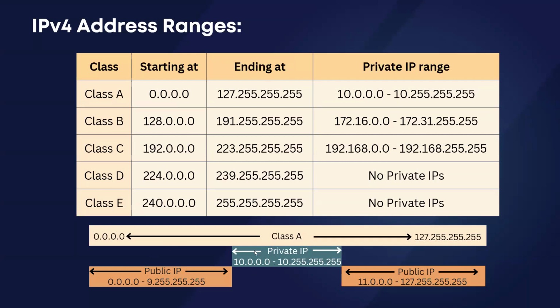Any IP outside this range, which means from 0.0.0.0 up to 9.255.255.255, and after 10, from 11.0.0.0 up to 127, is a public IP. So this was one public IP set and another public IP set. In each class, in a similar fashion, you have one small private IP set and two sets of public IPs, one on each side.